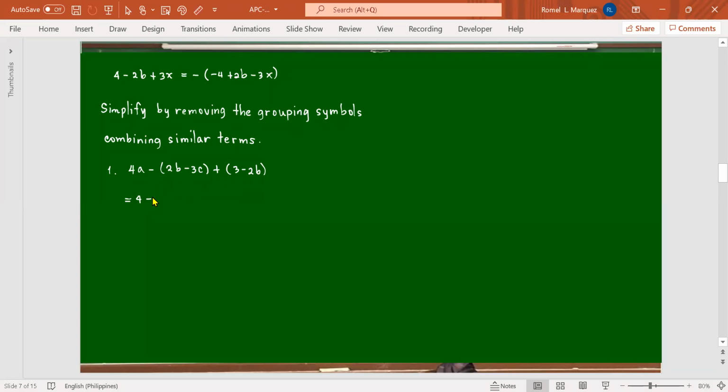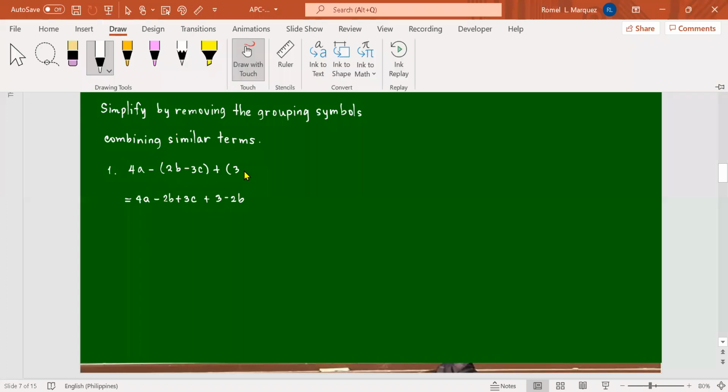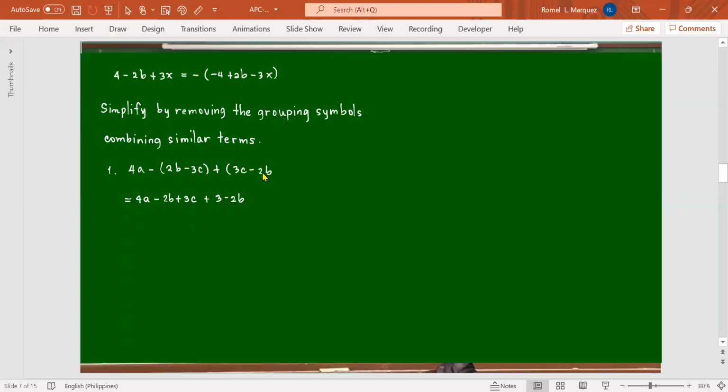This is preceded by negative, so I can remove grouping symbols by changing the sign of each term inside. And so negative 2b plus 3c preceded by positive, so I can get rid of the signs immediately. Clear, guys? By the way, this is 3c, I'm sorry, this is 3c minus 2b.